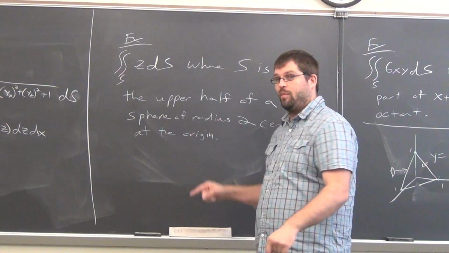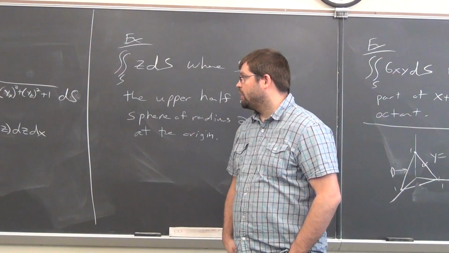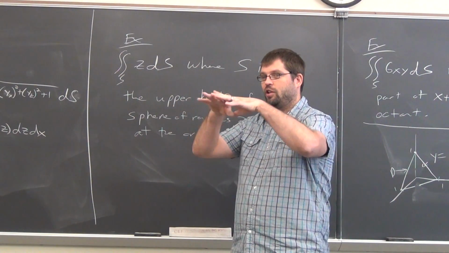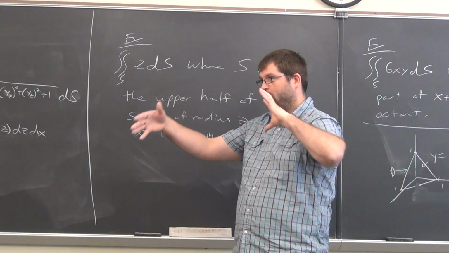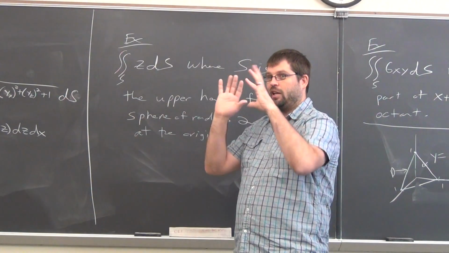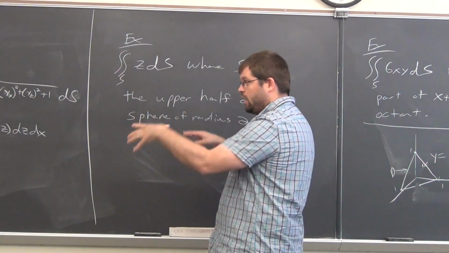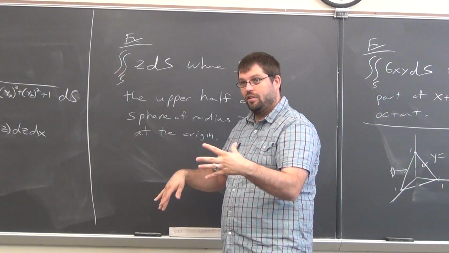I think the example we did to start class today, the homework from 15.5, the first one, should give you a good idea. Remember, we had a sphere of radius 5 there, and we modeled part of it. So now we want to do the same thing for a sphere of radius 2, and we want to go all the way down to the plane. We just want the top half of it. Does that make sense?